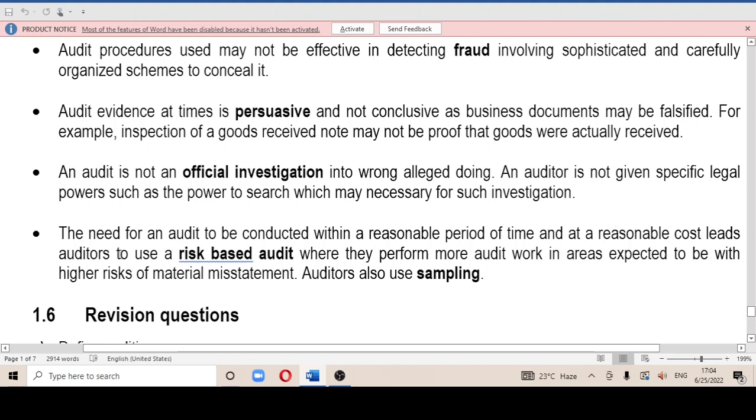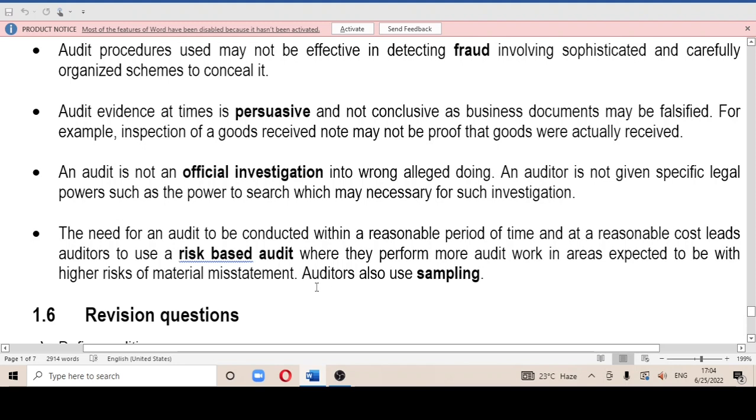You will find that auditors use risk-based audit in a way that they perform more audit work in areas expected to have higher risks of material misstatements, and other areas are left out because they consider those areas to have less risk of material misstatement.